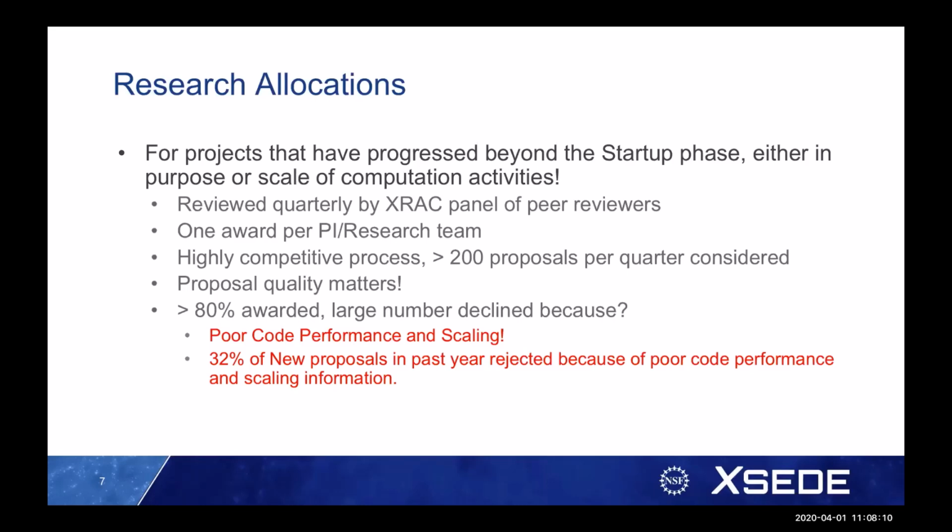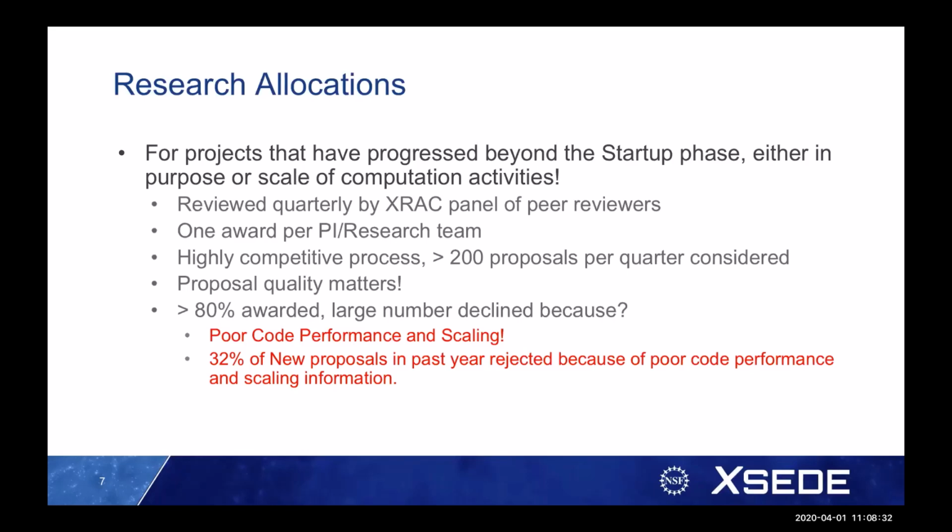Proposal quality matters. There are lengthy proposals, but we're really looking for a well-written proposal that has taken the time to do things correctly. We award around 80%, maybe a little bit more, a little bit less, but that's a number we're shooting for, a little bit higher.